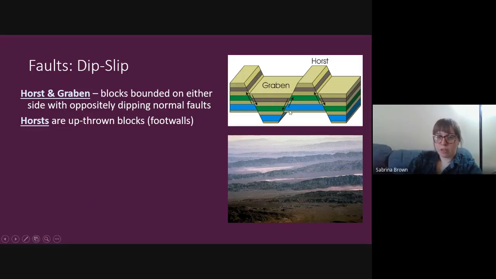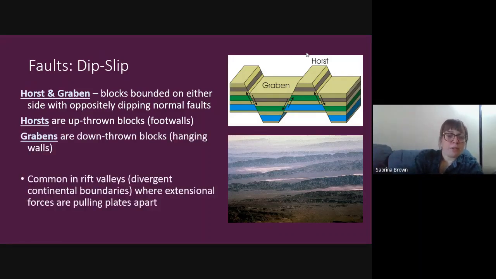All right, here's our oppositely dipping fault lines. Because of this opposite dipping, we get downthrown blocks, grabens, and upthrown blocks called horsts. So horsts and grabens. And these are really common in rift valleys.